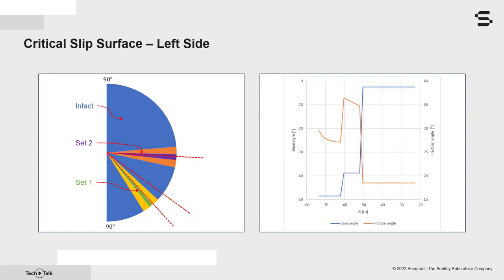When the solver calculates the available shear resistance at the base of each slice for the slip surface, an equivalent friction angle is calculated based on where the base angle falls with respect to the compound strength material definition. For the first section of the slip surface, the mobilized friction angle is a combination of the first joint set's resistance and the intact rock mass.